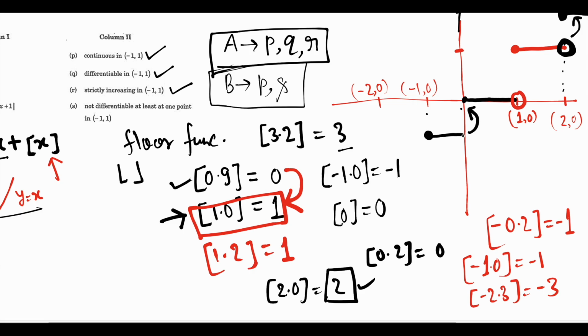Between x equal to minus 1 and 0, the floor function value will be minus 1. But what happens at 0? At 0 it jumps. That's what I have shown in the figure as a jump point, and I have not included it, and it is not to be included.